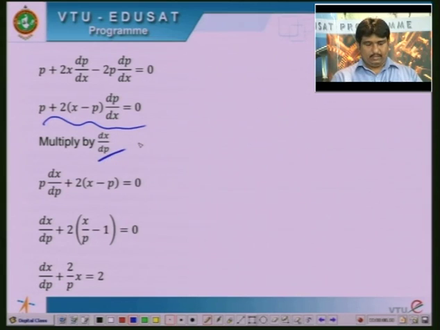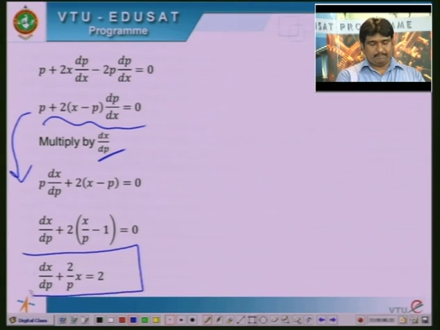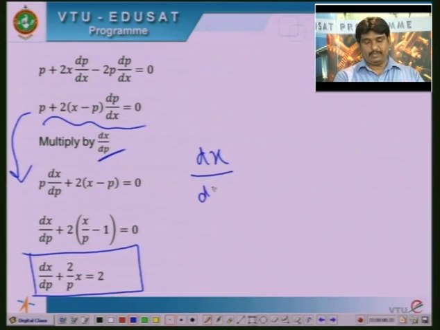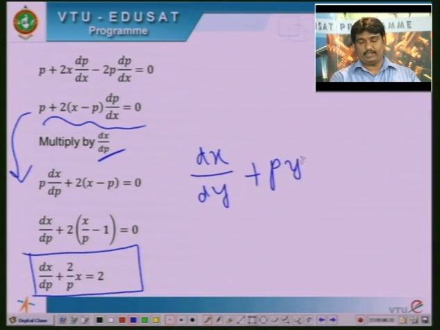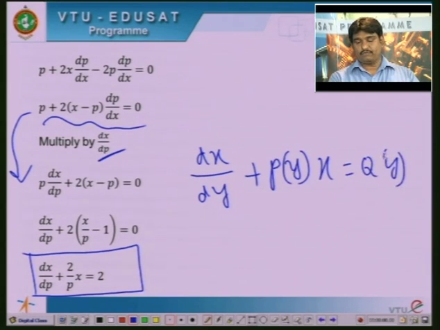The equation becomes p into dx by dp plus 2 into x minus p into 1 equals to 0. So it is dx by dp plus 2 by p into x equals to 2. It is of the form dx by dy plus some function of y into x equals to some function of y. This is Leibniz's linear equation.